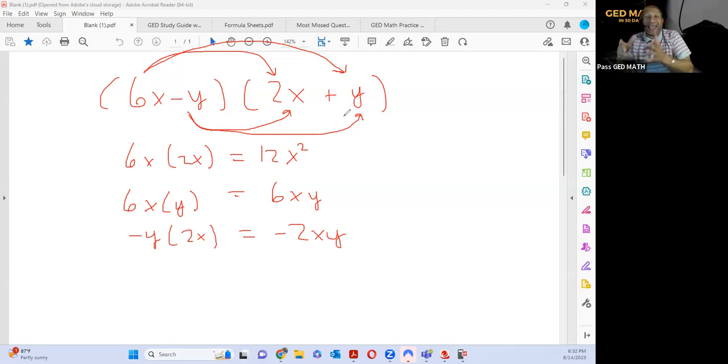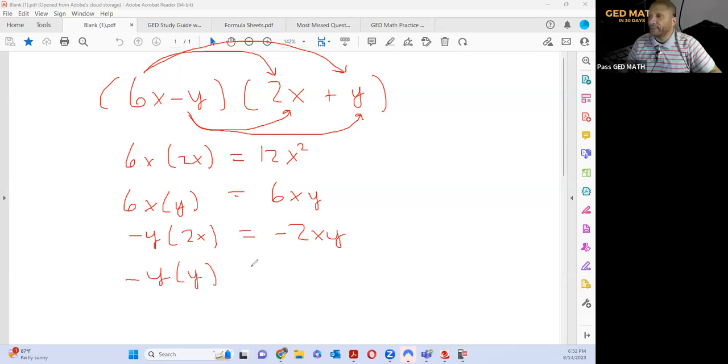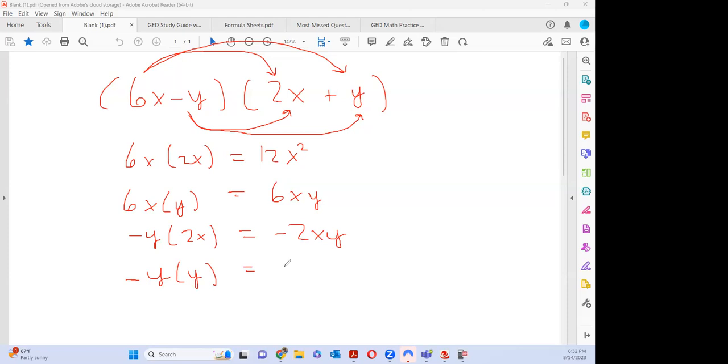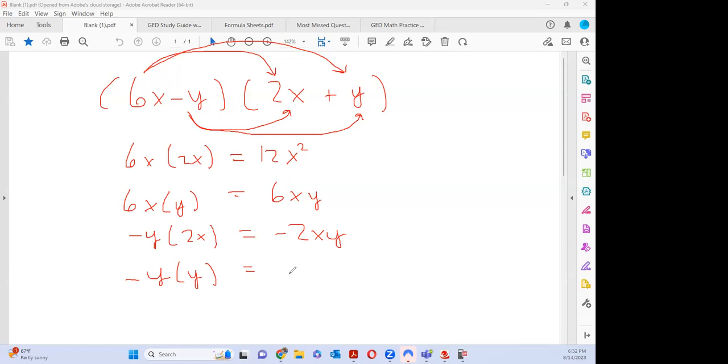That means I need to have 4 terms when I'm done. So what is minus y times y? What is y times y? I just did x times x. What's y times y? It's negative y squared.